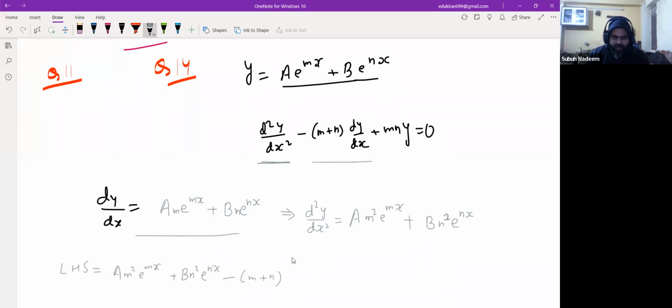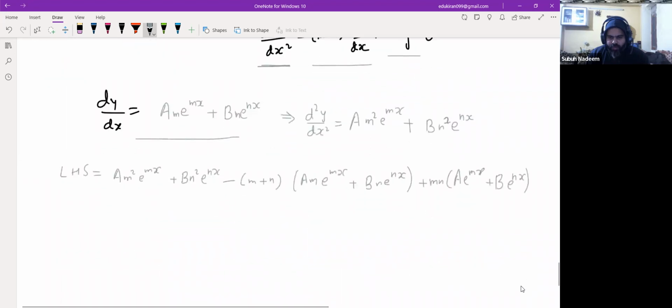So this is dy by dx, am e to the power mx plus bn e to the power nx, plus mn y. So mn and y will come from here, a e to the power mx plus b e to the power nx. So after writing this, let us expand them.